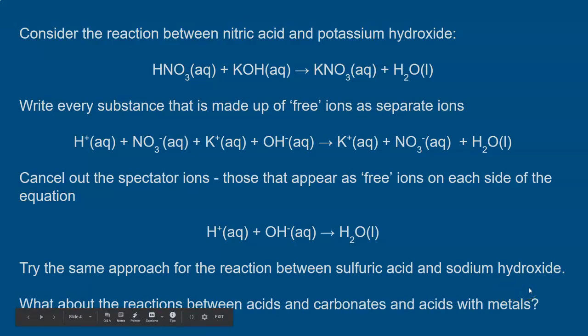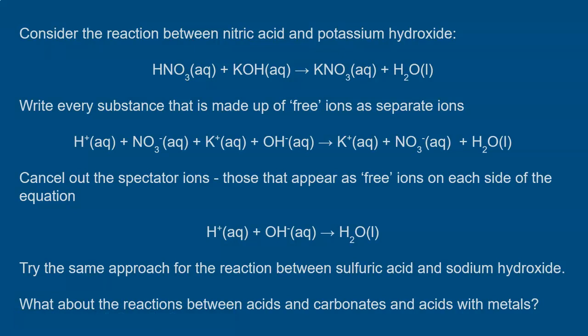So what about the reactions between acids and carbonates and acids and metals? Well, again, you can use this quite long-winded approach if you wish, but also you can simply think about, well, the important ion in an acid is H+.